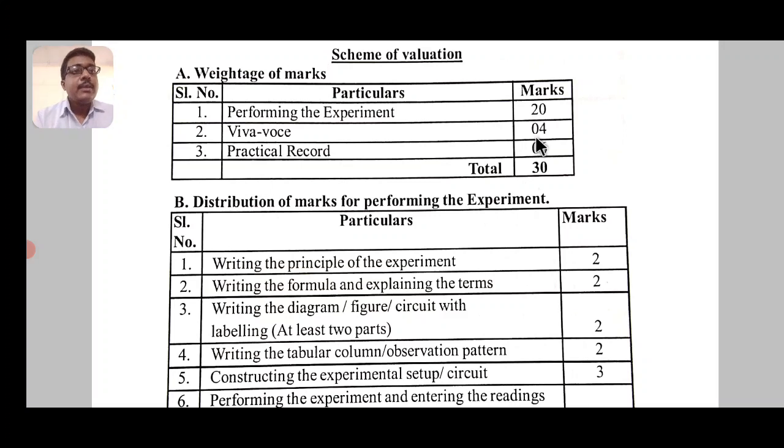For example, they may ask you to define voltmeter or they may ask you to define ammeter. Further, they may ask you the definitions of the related terms. For example, they may ask you the definition of current, they may ask the definition of potential difference, or they may ask the related laws. For example, they may ask you what is Ohm's law. Okay, or they may ask you to give the statements of Kirchhoff laws.